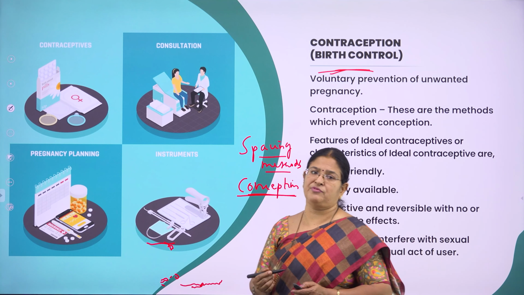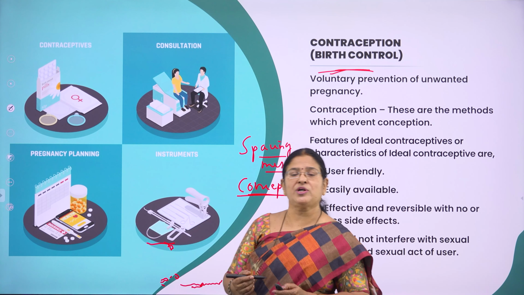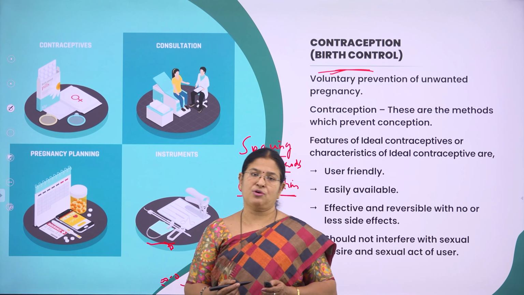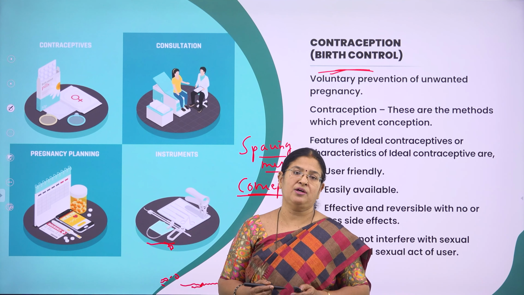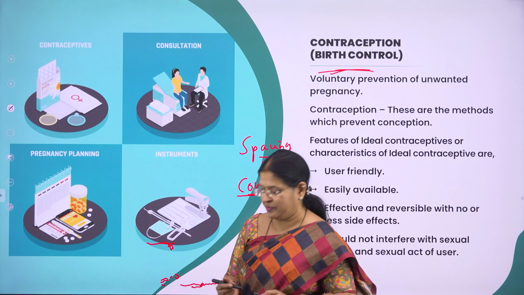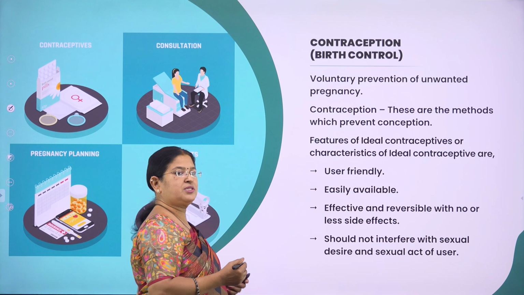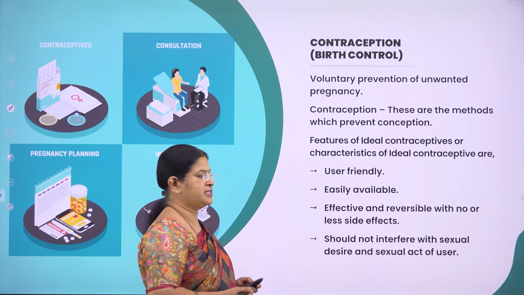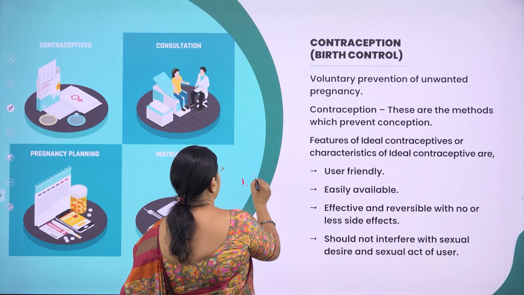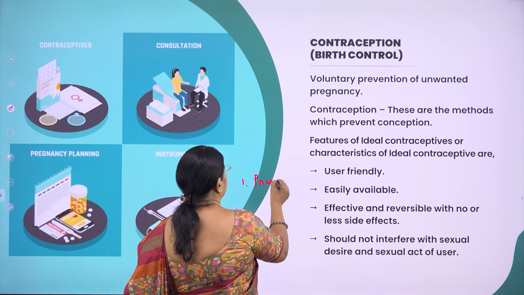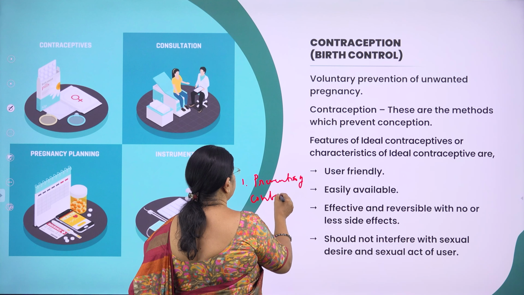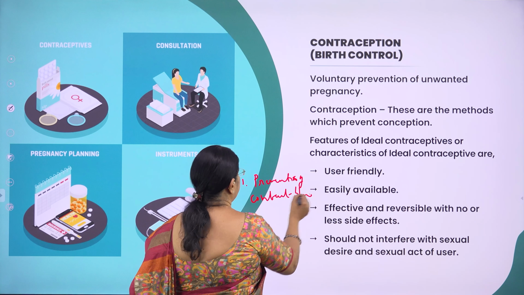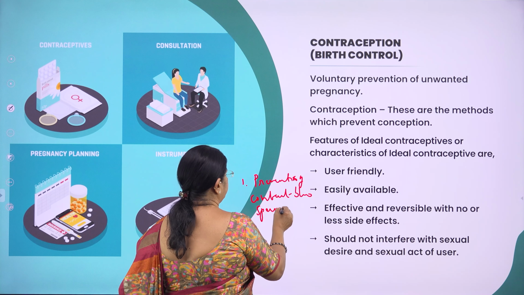It works in one of three ways. So what is the working principle of these contraceptive methods? First, it prevents contact between the sperm and the ovum.